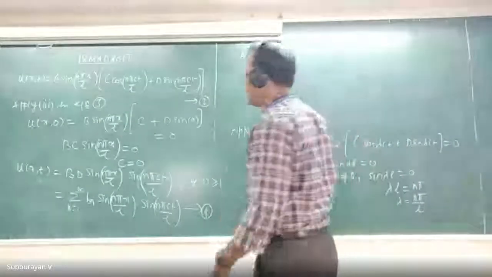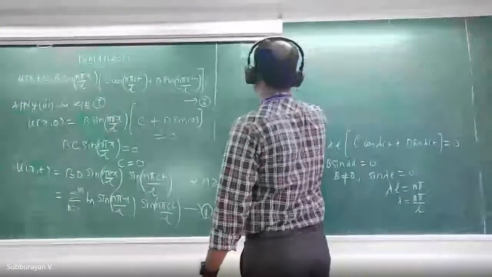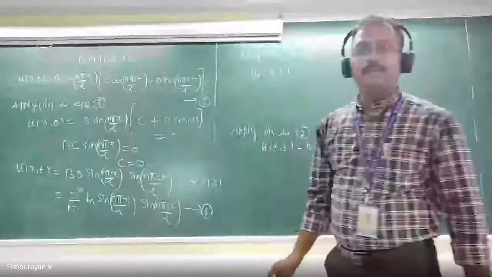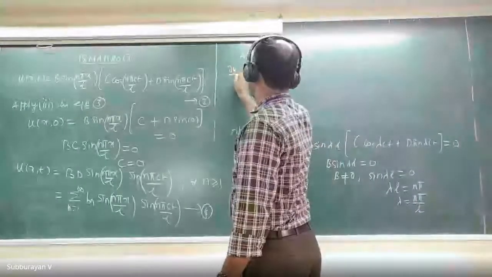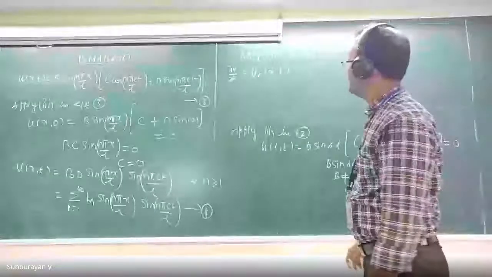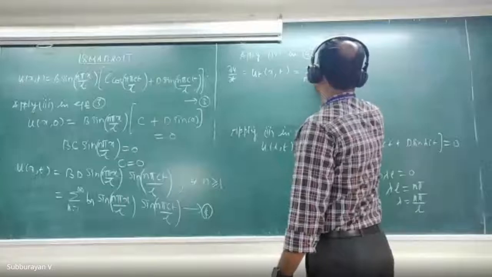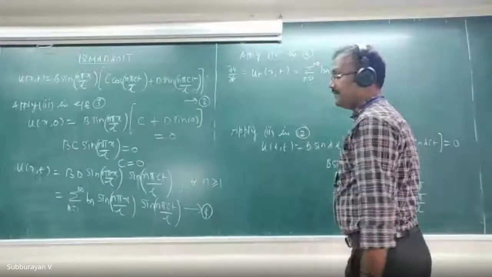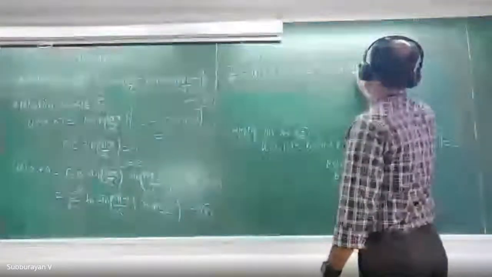Therefore ut of x comma t. ut means dou u by dou t, which is equal to summation n equal to 1 to infinity bn into sin n pi x by L.